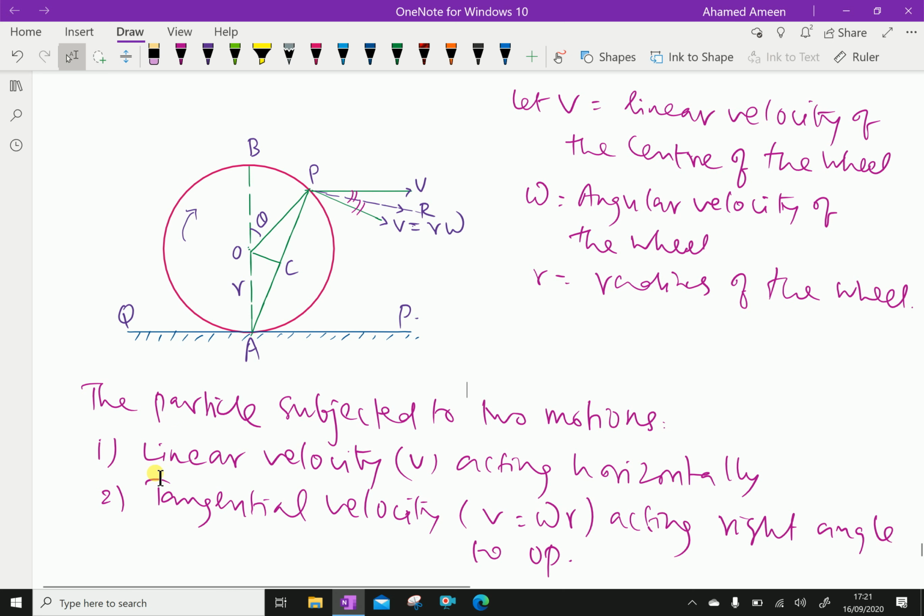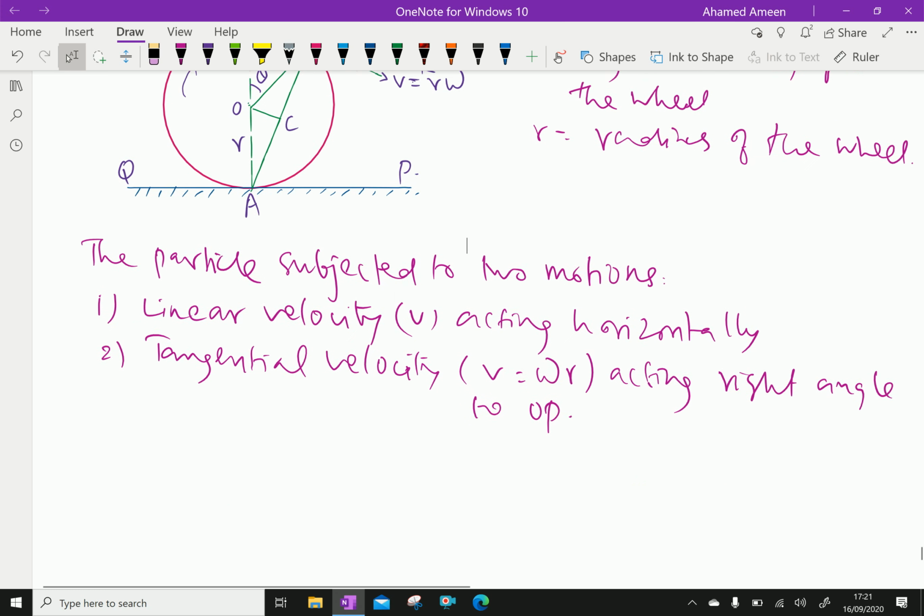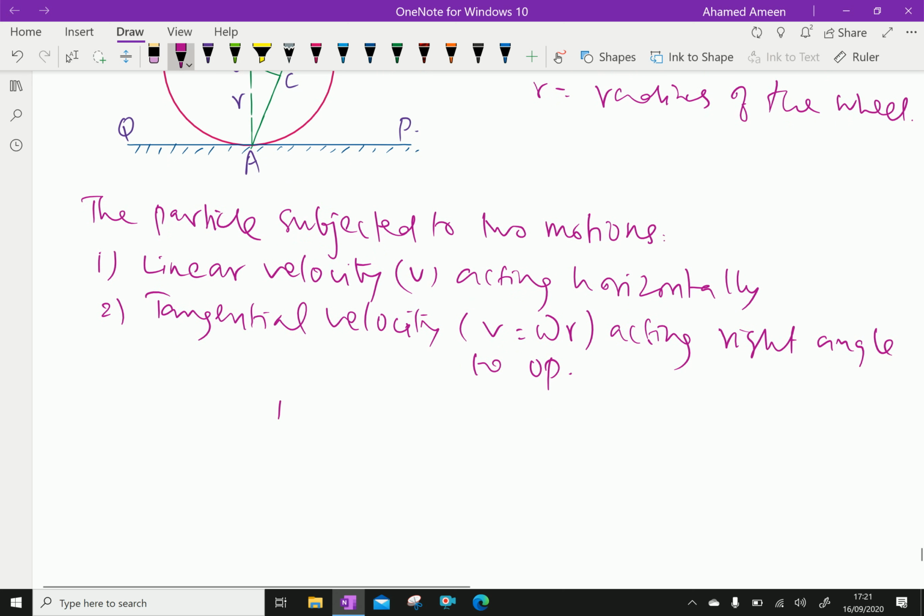The resultant of these velocities will act along the bisector of that angle. Therefore from this we can say the resultant r equal to 2v cos theta by 2.